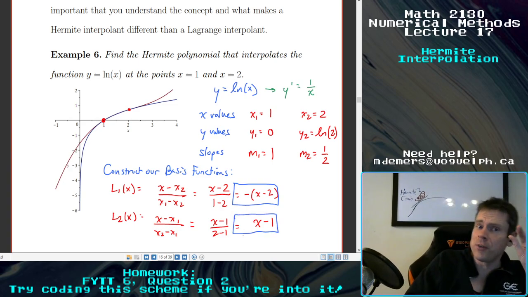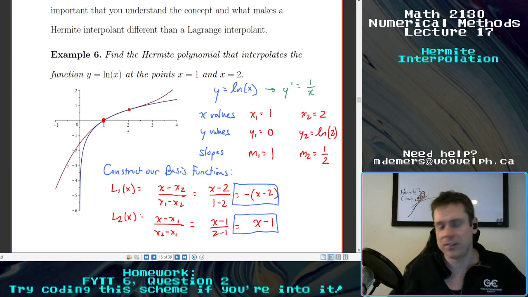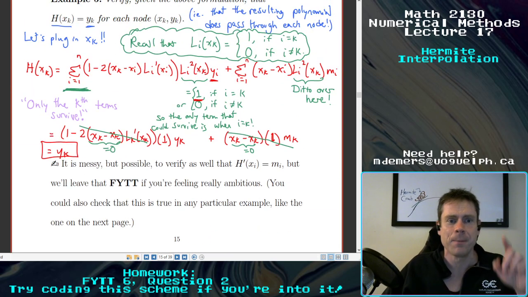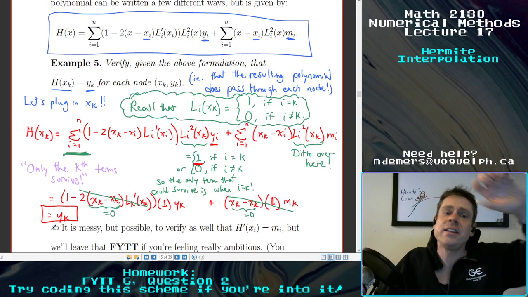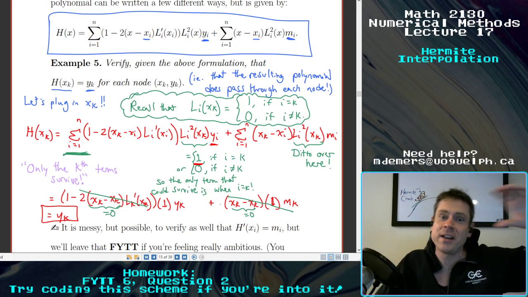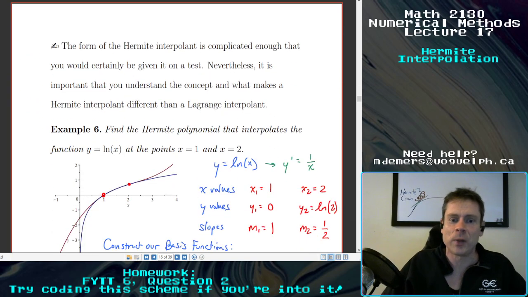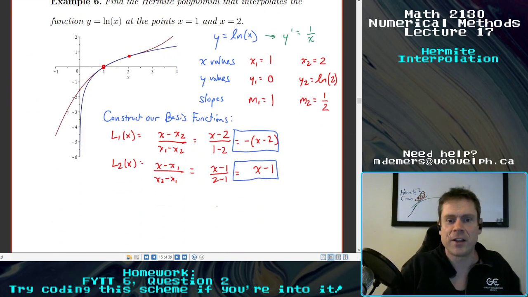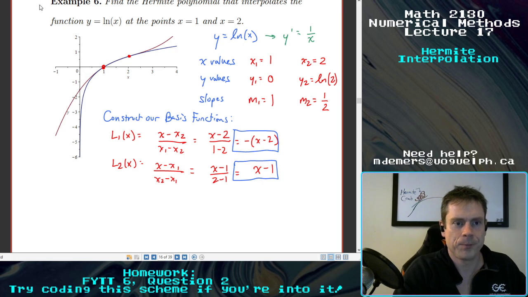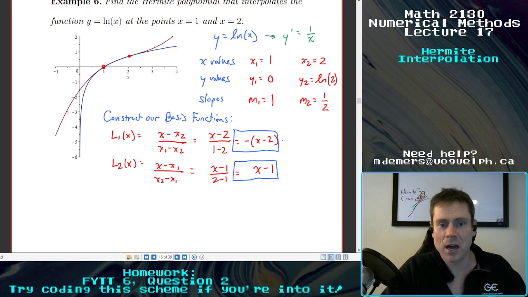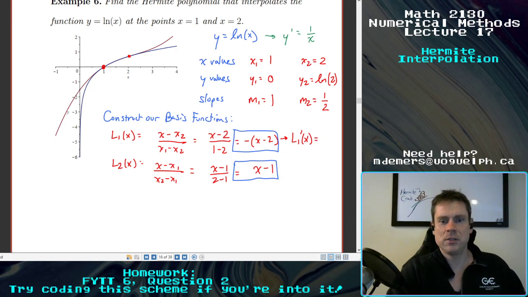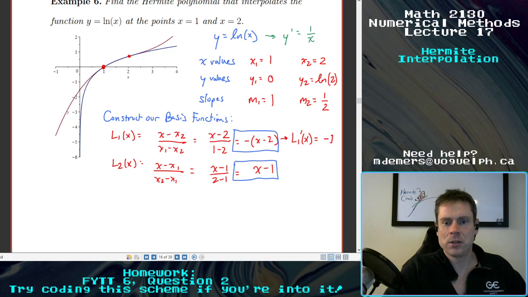And before we move on, there's one other piece that belongs in that formula. If I scroll back up, notice I need the derivatives of these things too. I need the derivatives of the Lagrange functions. So that's going to be helpful for us as well. And so let's find those. Luckily, not hard. L1 prime of x is equal to negative 1, just thinking about what calculus does to that thing.